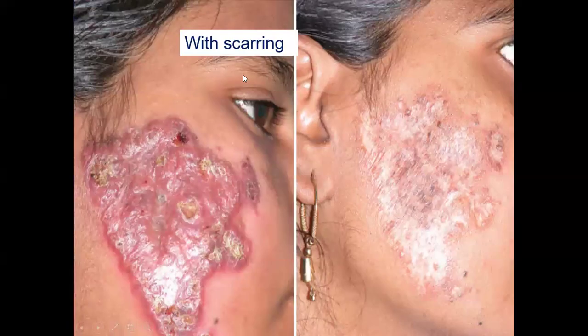You can see a solitary infiltrated plaque on the face of a young female, which has healed with very disfiguring scarring. And this is typically seen in the Indo-Pak subcontinent, and it is lupus vulgaris.